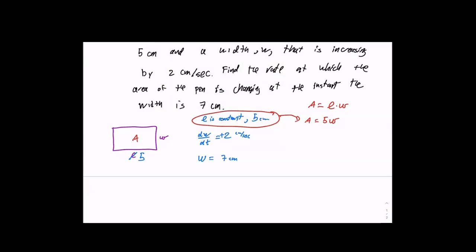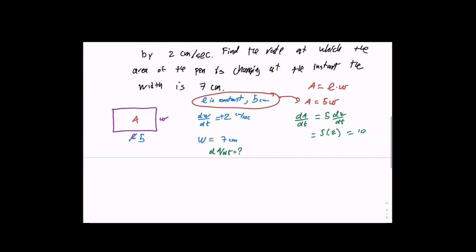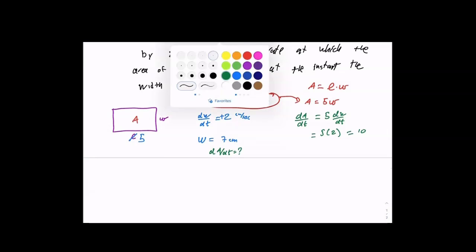Therefore, now we go to rate of change. This question wants dAdt. So dAdt is 5 dWdt, which is 5 times 2, which is 10 centimeters squared per second.